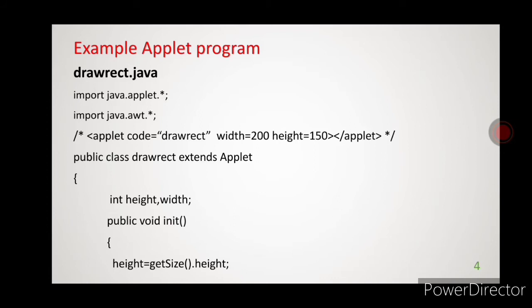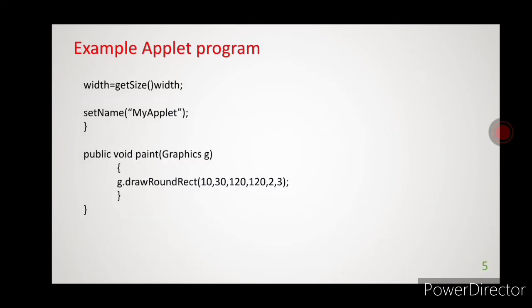That height and width we are getting from the applet tag, and that will be stored in the height and width variables. Next we are setting a name for the applet, that is my applet. When you see the output of an applet, at the top of that window you will see the applet name, that is my applet.